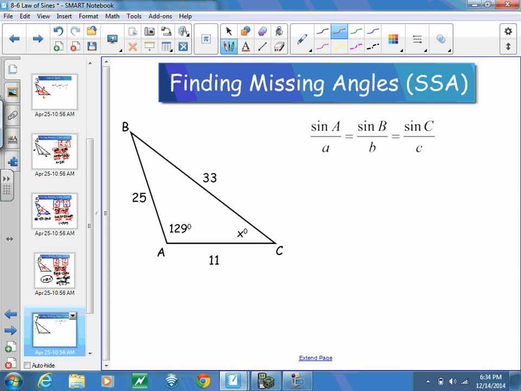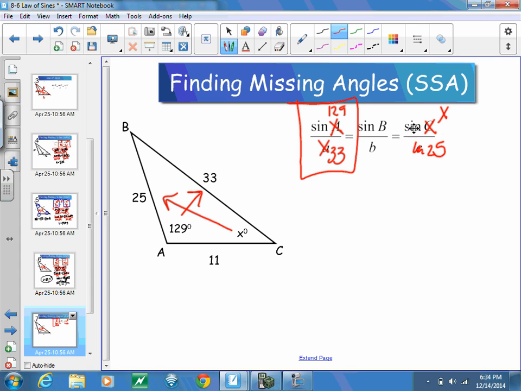Here I've got a triangle where I have angle A, which is 129. I have little a, which is 33. We're trying to find angle C, but I do know that little c is 25.